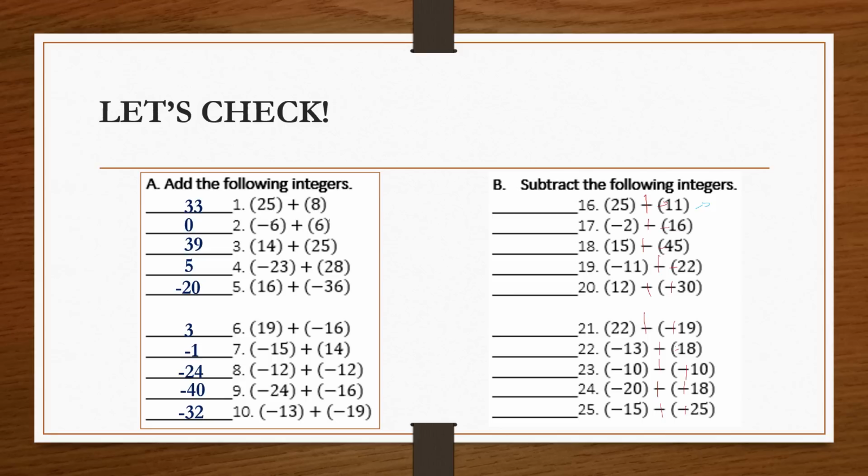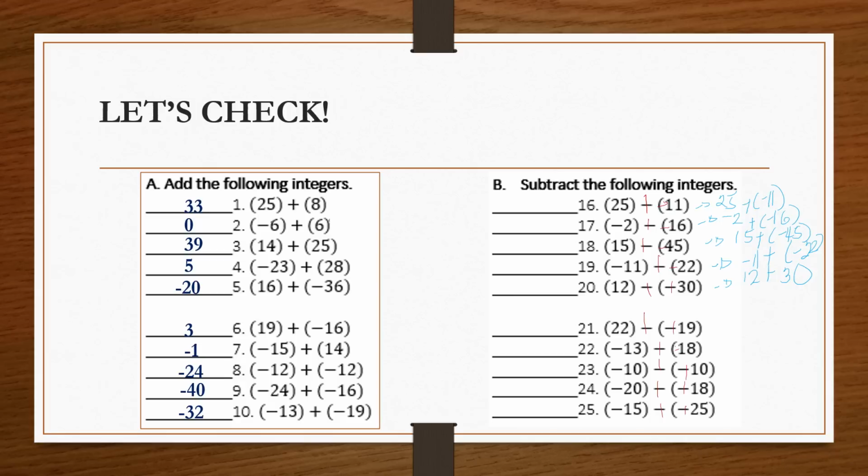Number 16, we have 25 plus negative 11. Number 17, we have negative 2 plus negative 16. Number 18, we have 15 plus negative 45. Number 19, negative 11 plus negative 22. Number 20, we have 12 plus 30.